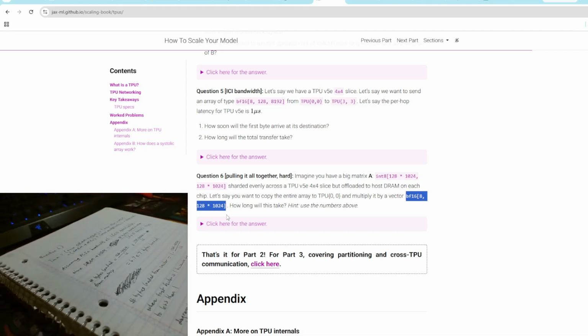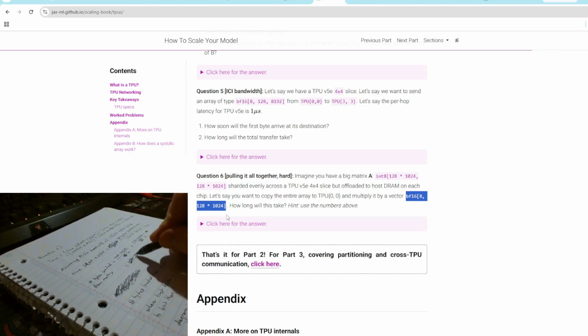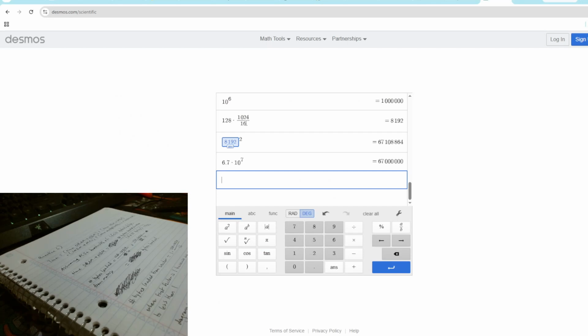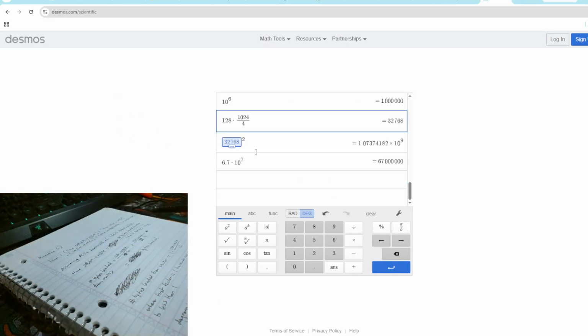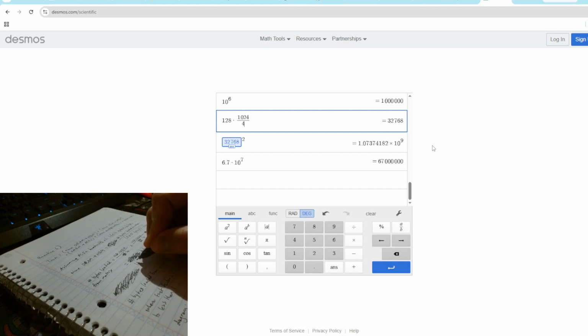I think you have to divide it by 4. Whoopsies. I'm getting tired. How many bytes are actually loaded here? Let's go back to this thing and change this to 4. It's actually 1.07 times 10 to the 8. Oh yeah, way more bytes loaded.